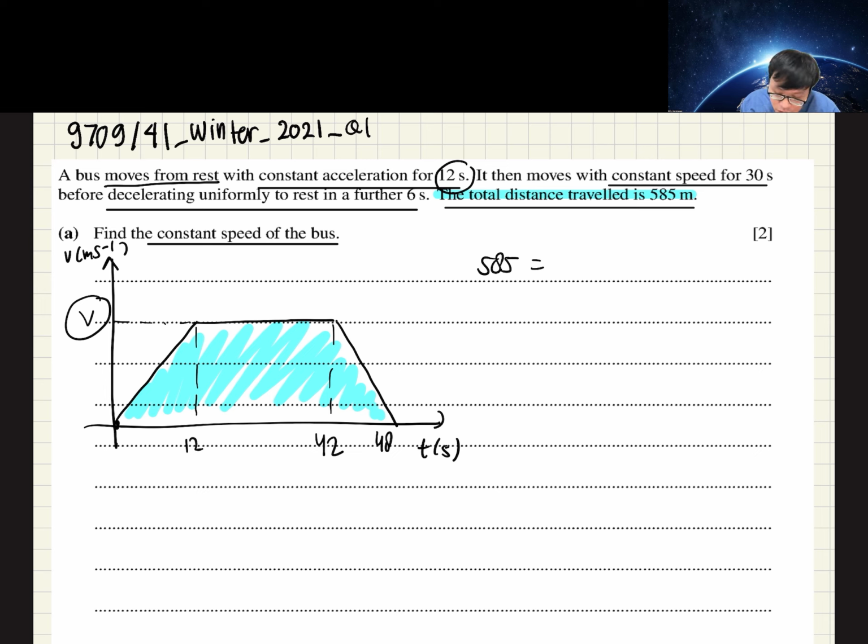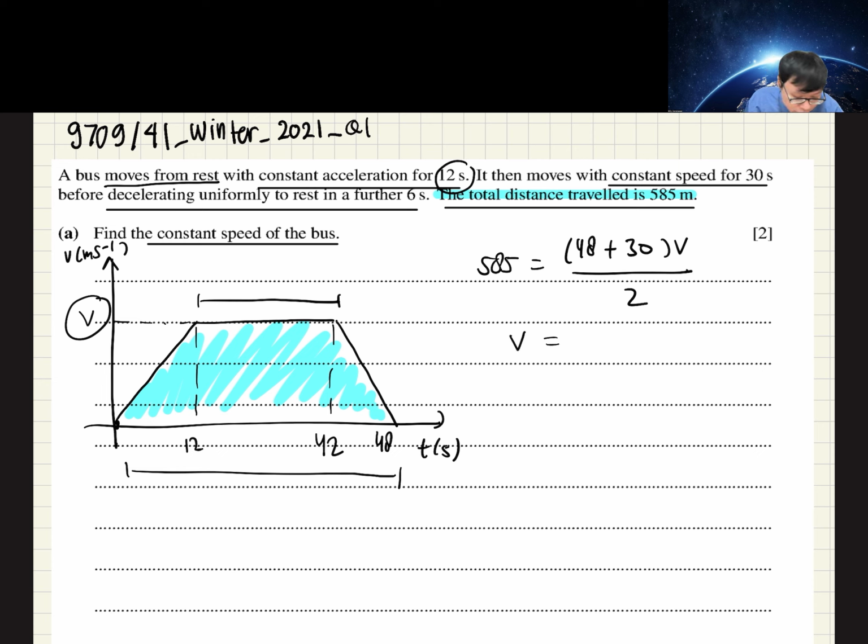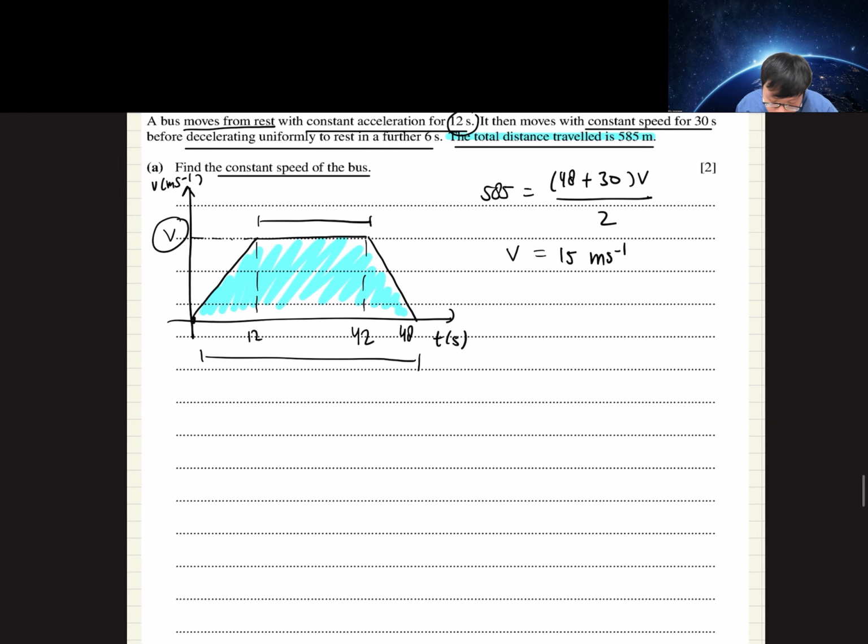So the area of the trapezium will be the sum of parallel sides, which is 48 plus 30, times the height, which is V, divided by 2. So you can calculate V from here, and you get 15 meter per second. So that's how you apply the motion graph method.